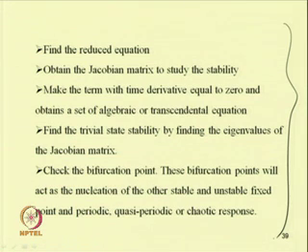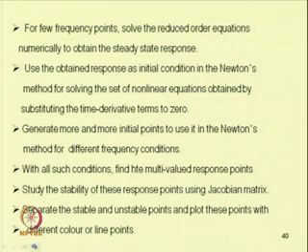So, one has to check these bifurcation points, and for a few frequency points, solve the reduced order equation numerically to obtain the steady state response. Use the obtained response as initial condition in Newton's method for solving the set of nonlinear equations obtained by substituting the time derivative terms equal to 0. Generate more and more initial points to use in Newton's method for different frequency conditions.